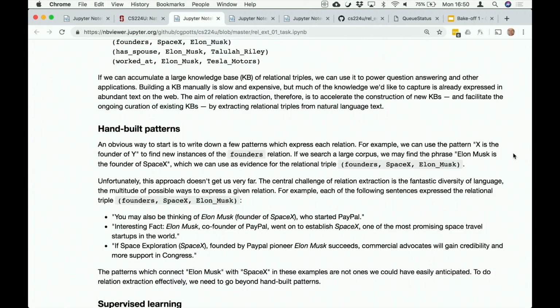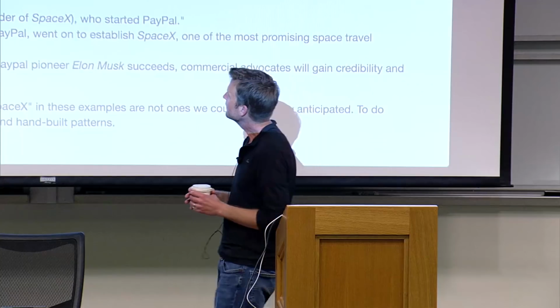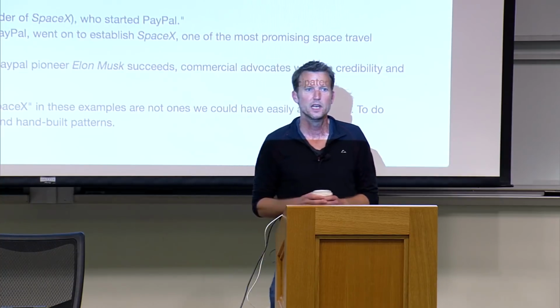People tried to be slightly more sophisticated by, instead of defining an exact string and looking for exact matches on that string, defining patterns that could be like regular expressions to accommodate some minor variation of things like verb tense and so on. But nevertheless, it was the basic approach.